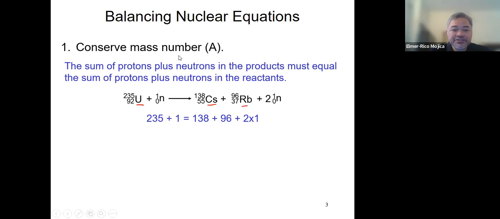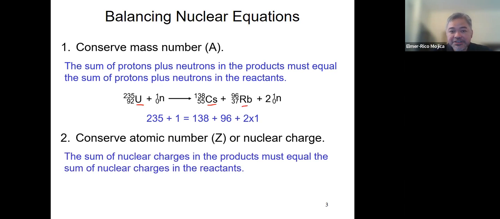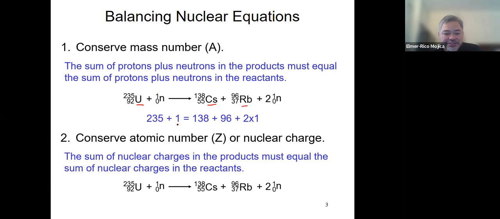Okay. Now in determining that you have the same mass number, make sure the sum of the protons plus neutrons in the product is equal to the sum of the protons and neutrons in the reactants. Another way to make sure that you balance the nuclear equation is the atomic number should be the same on both sides. So here, what did we look here at this instance?